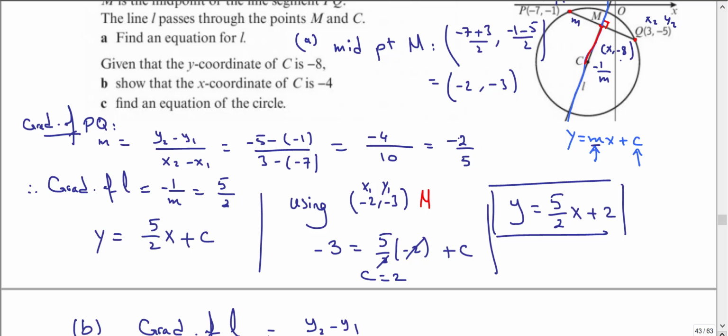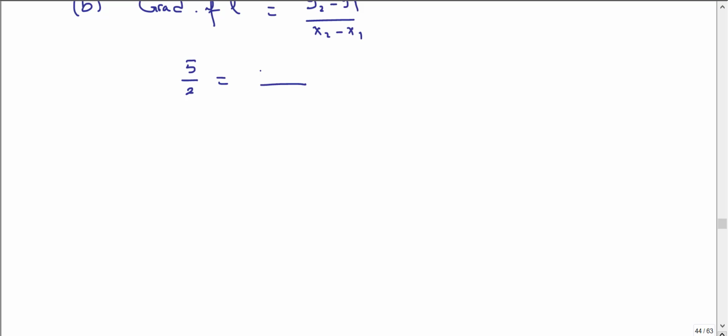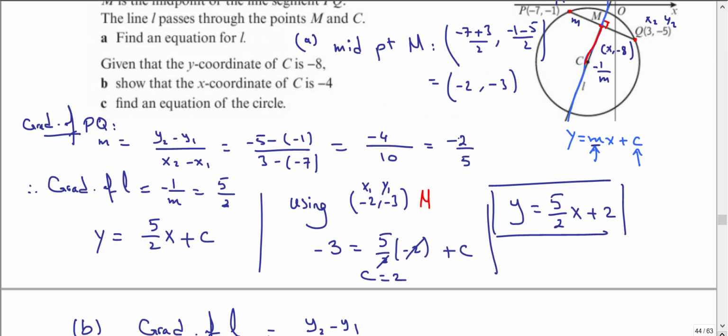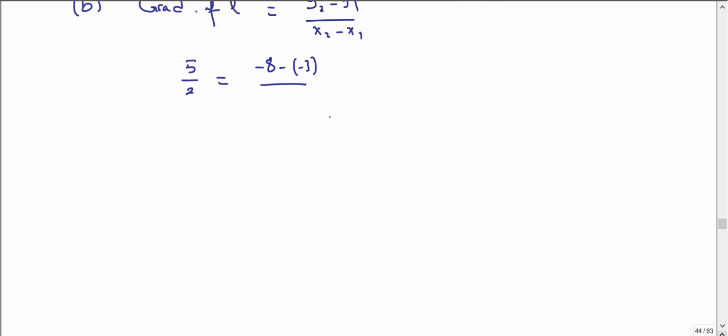So we do -8 minus -3 over x minus -2. Are you following? Do you understand what I'm doing? Yes, sir. So it's 5 over 2 equal -8 minus -3, which is -5 actually, over x plus 2. So what to do next?